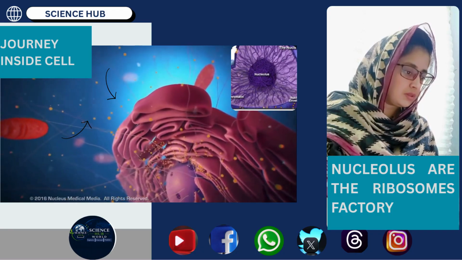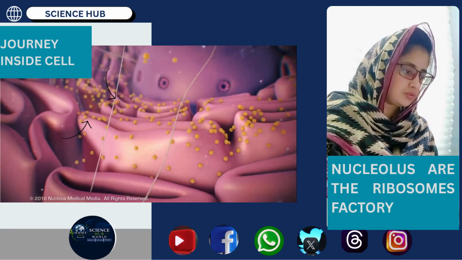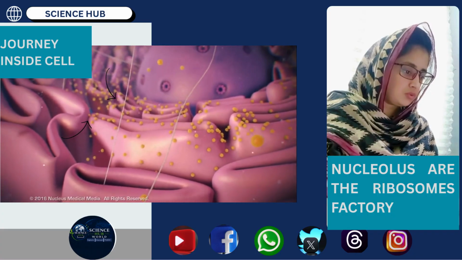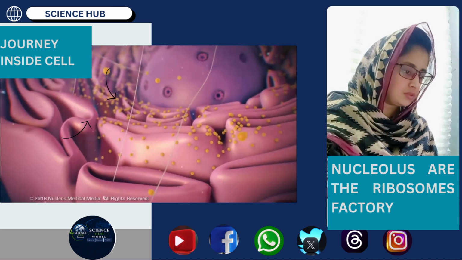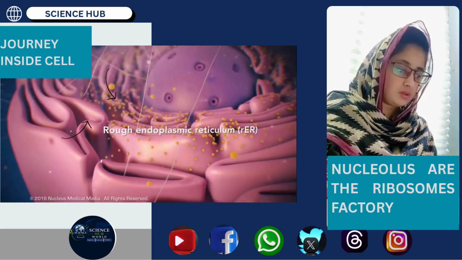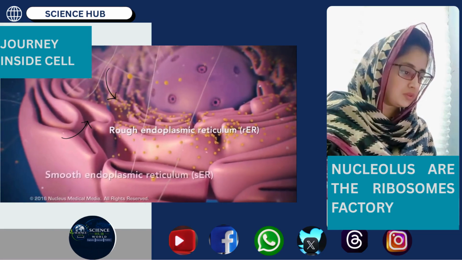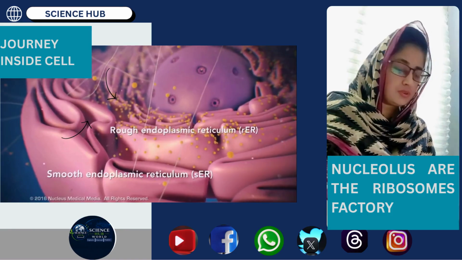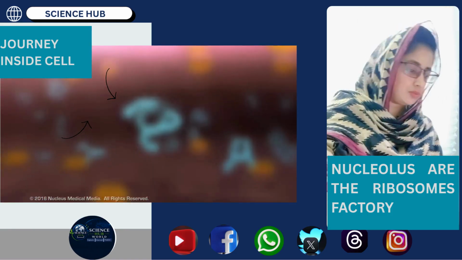They are then prepared to synthesize the protein outside the nucleus. The ribosomes and the rest of the organelles, here you can see, float in the cytoplasm, which is the jelly-like substance.